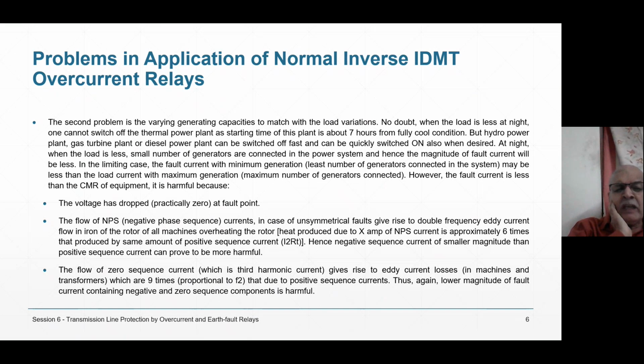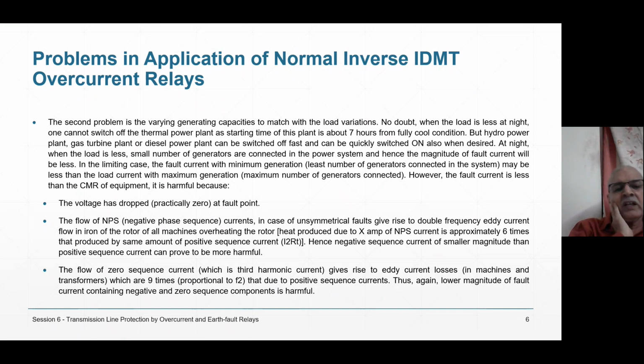Slip normally for a synchronous generator or synchronous motor is 0, but for negative phase sequence, slip will be 200%. So double frequency rotor eddy currents will flow in the rotor iron, and it can make the rotor iron red hot if it flows for more time. And then it will damage the insulation of the generator.